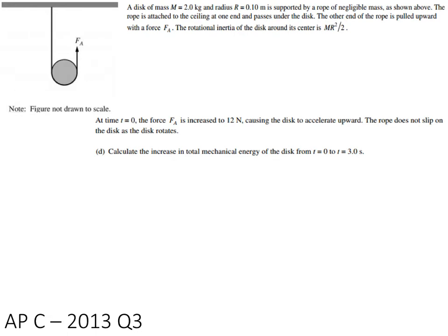Alright, here it wants to know what is the increase in total mechanical energy of the disk from 0 to 3 seconds. Now, some of you might start thinking that this is looking for only kinetic energy, because it's only mentioning the disk and it doesn't mention Earth. With the C, they don't do that.